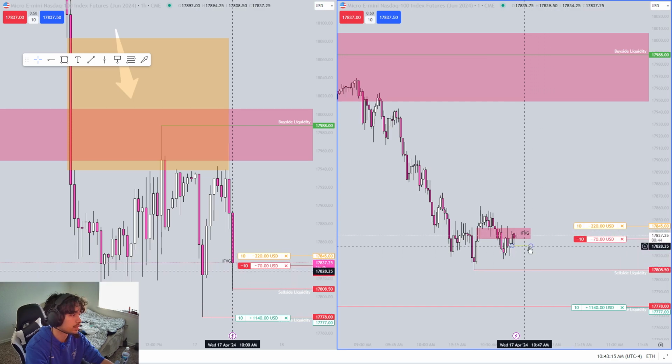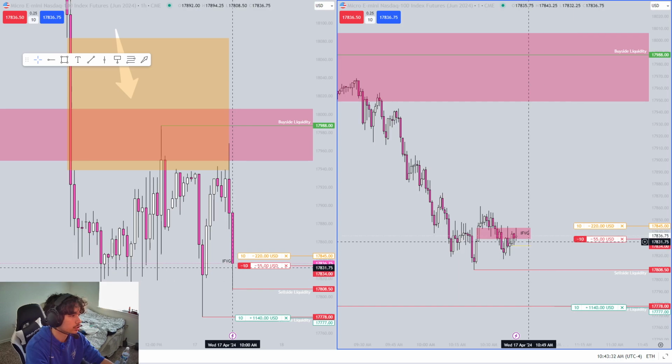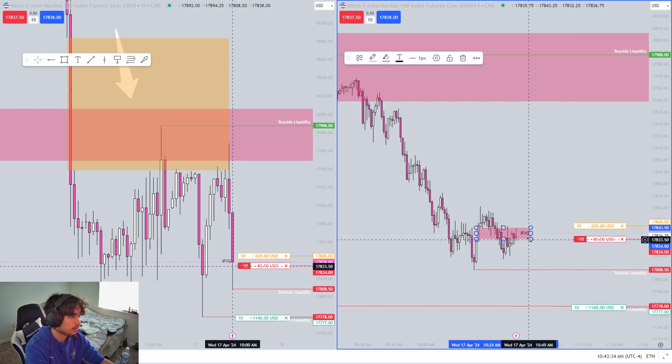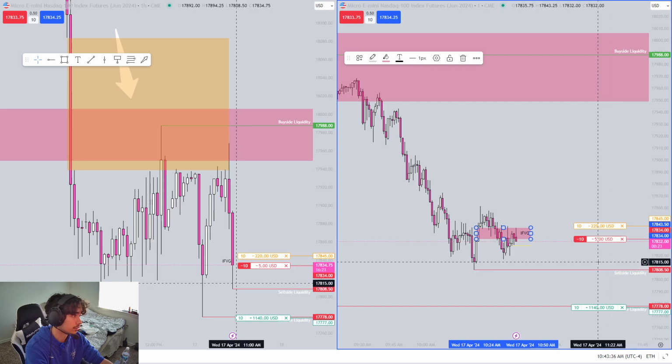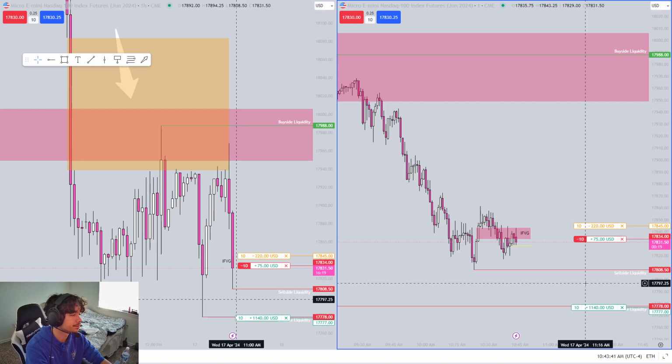You want to see price bleed now. Okay. Touch the high end of that fair value gap once more. Beautiful response off of it. Beautiful response. You want to see closure beneath this inversion fair value gap's low. So where we got in at 34. Underneath this yellow line is even better.